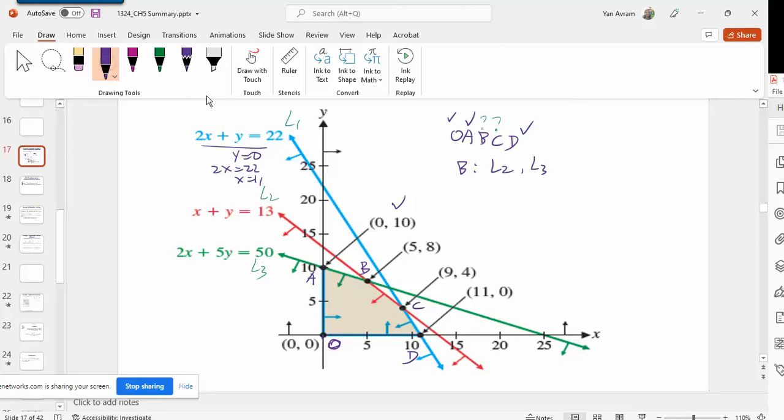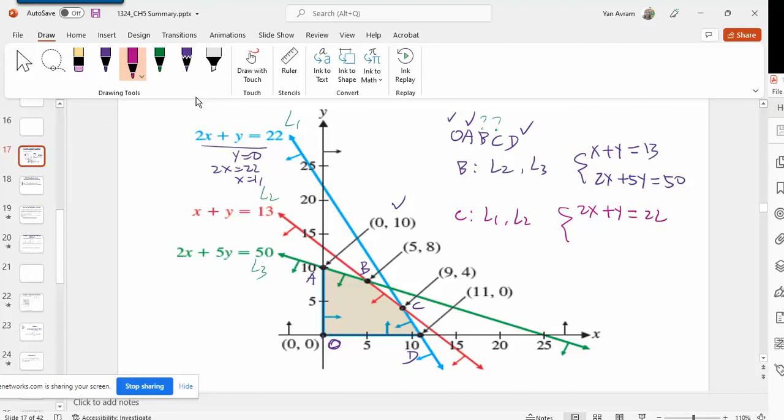I will use x plus y equal to 13 and 2x plus 5y equal to 50 to find this intersection point. And if you want to find the intersection point for C, this is L1 and L2, right? If you look at C here, it is the blue and the red one. So L1 here is 2x plus y equal to 22, and L2 here is x plus y equal to 13.